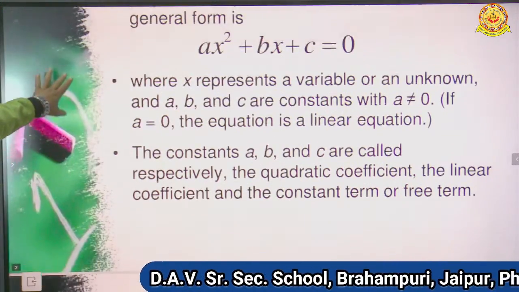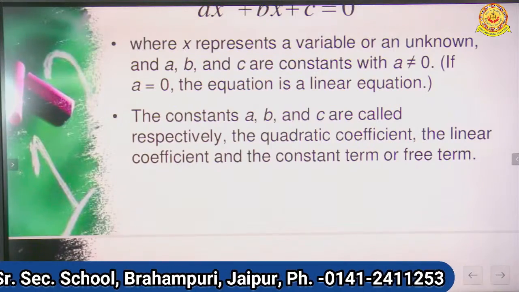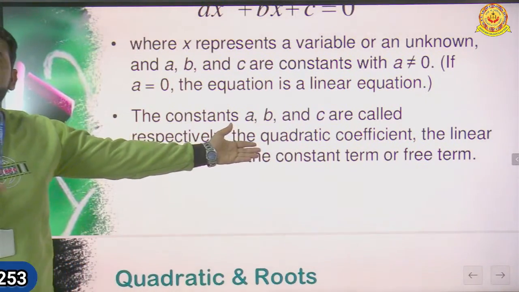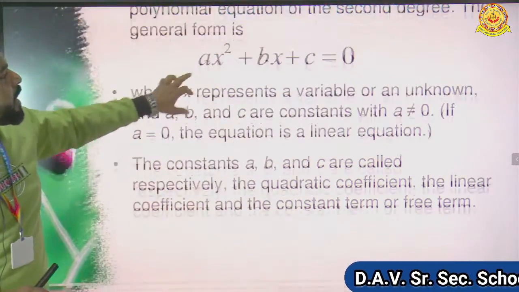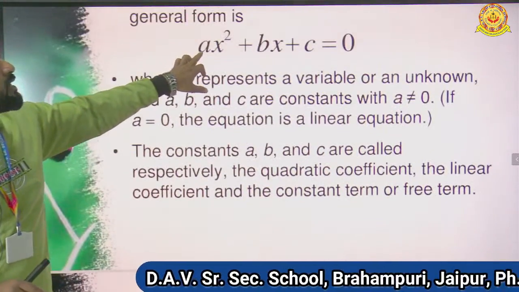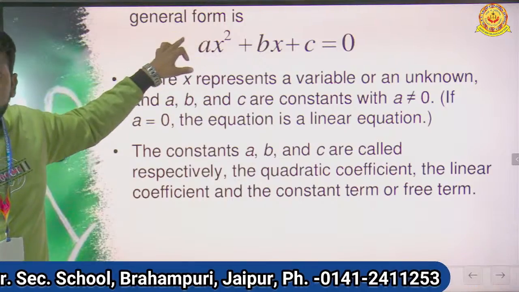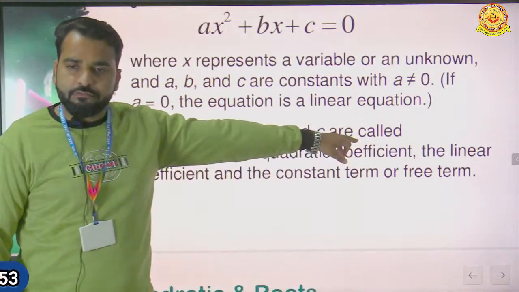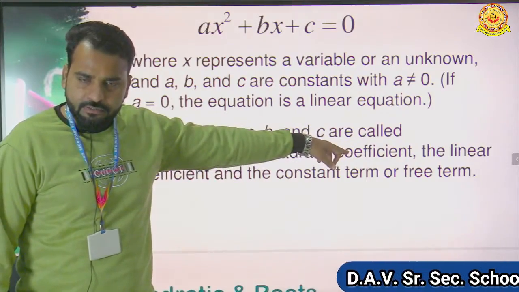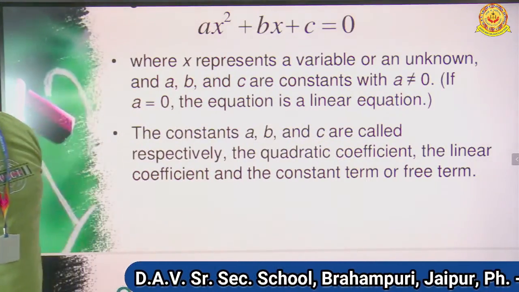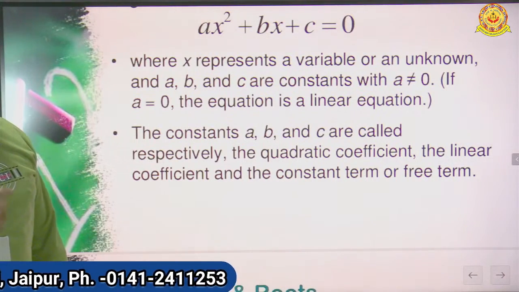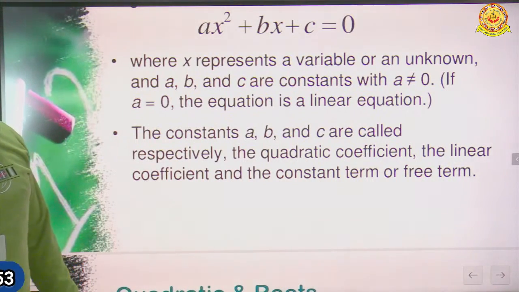So the constants a, b and c are called respectively the quadratic coefficient, the linear coefficient and the constant term. a is the coefficient of x², so it is the quadratic coefficient. What is the quadratic coefficient?